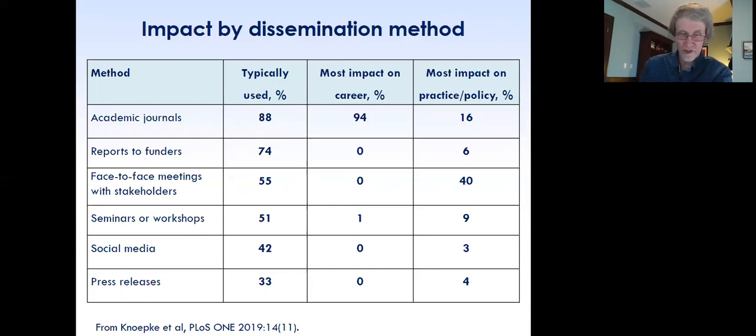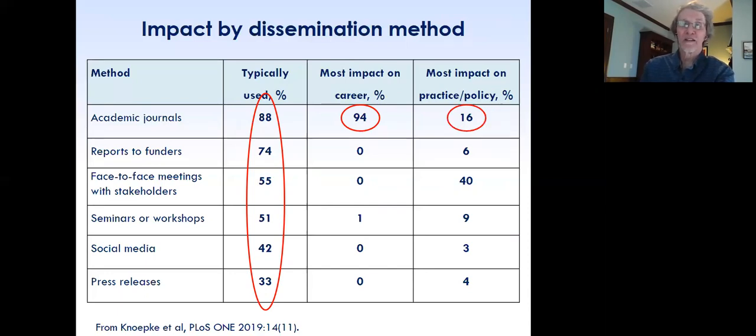So this is from the research side. They asked about the most common ways that you disseminate your research to non-research audiences. You see them there in rank order: academic journals, reports to funders, face-to-face meetings, seminars or workshops, social media, and press releases. What has the most impact on your career?